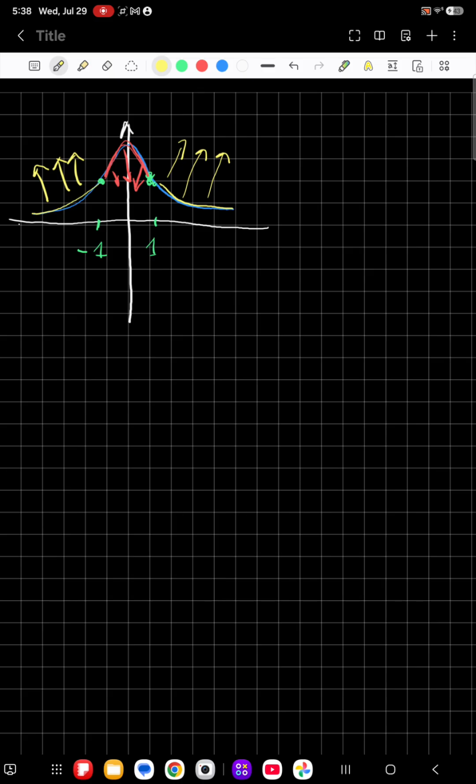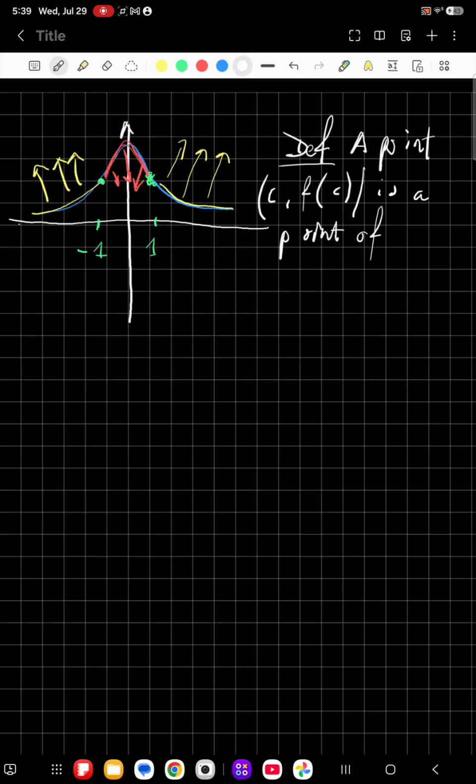So let's write a couple additional comments. Let's write a definition of inflection point. A point c, f of c, is a point of inflection. As I said, my writing is getting worse.